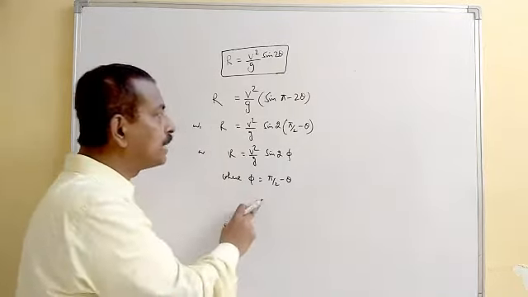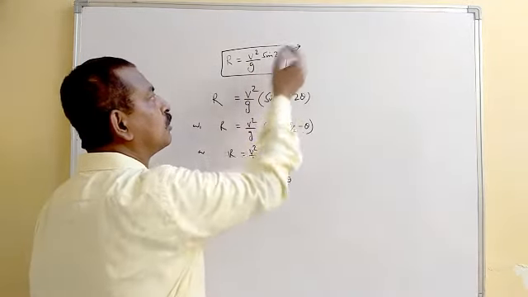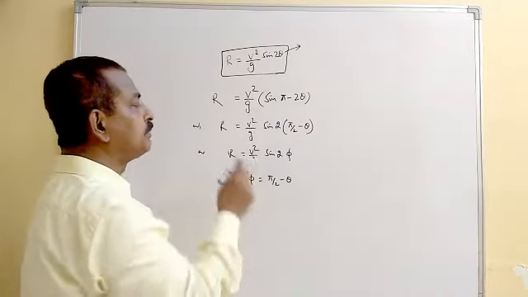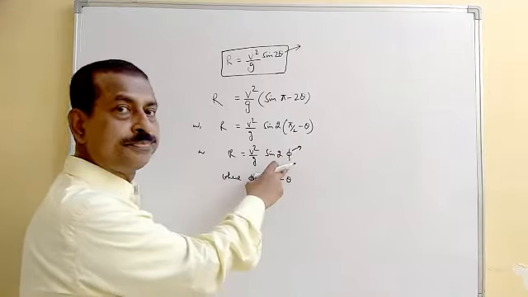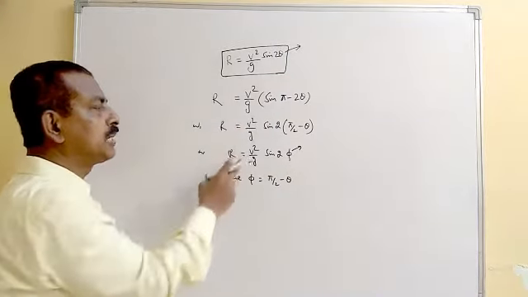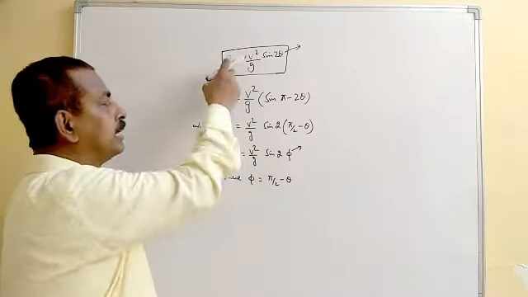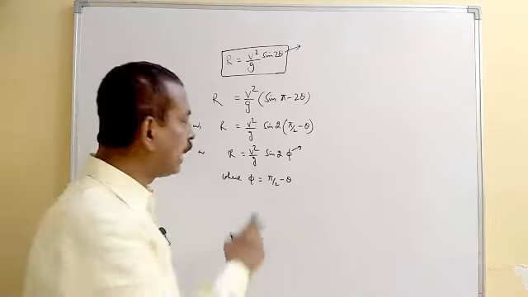So the range r for a given angle of projection theta for a particular velocity, we get the same range when the angle is phi, and of course the velocity is the same. So for a given velocity of projection v, the range is the same for two different angles, theta as well as phi.